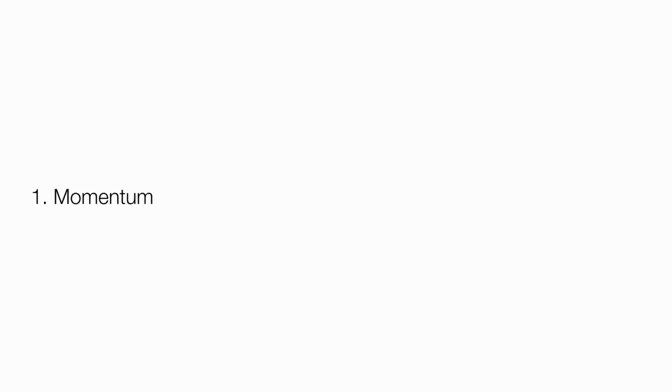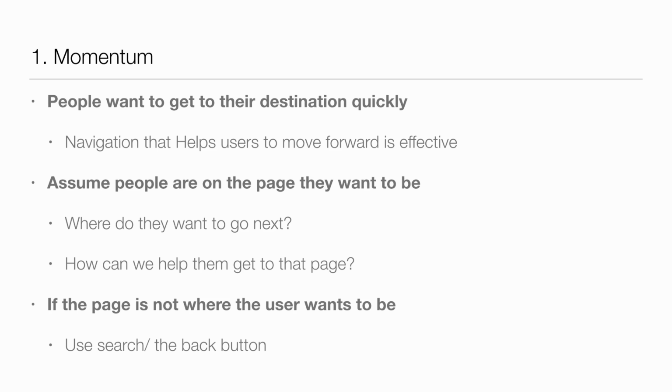Momentum. What is momentum? People want to get to the destination quickly. So navigation that helps move people forward from where they are now to the destination they want to reach is effective. And the faster you can get them there, the better. So we can assume that people are always on the page where they want to be, be it the home page, the category page, wherever.